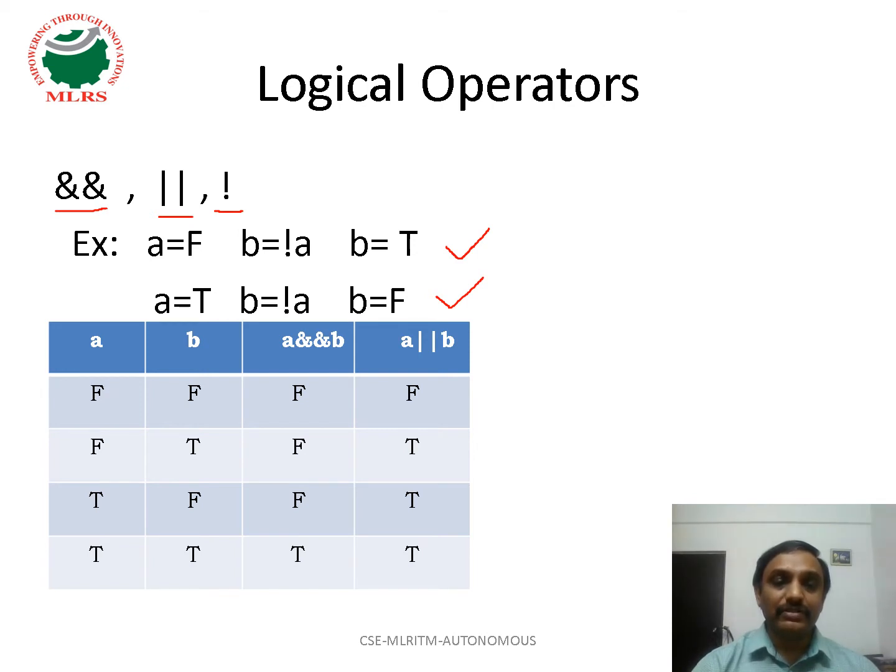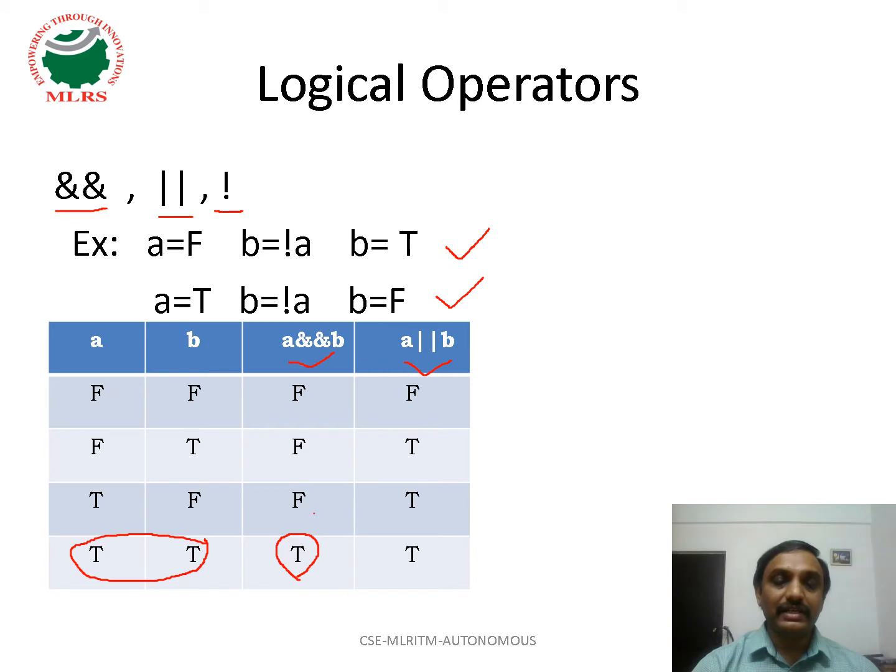Next, you observe this truth table, which shows how the logical AND operator and logical OR operator perform. If both the inputs are true, then only the logical AND operator gives the result as true.